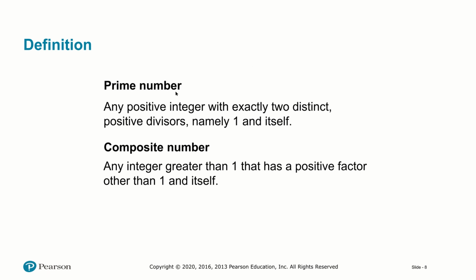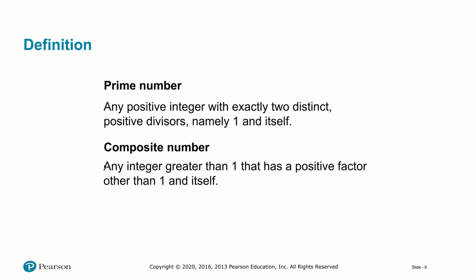So to reiterate, remember that a prime number is any positive integer with exactly two distinct positive divisors, namely 1 and itself. Note that when we say a positive integer, that's another way of saying a natural number, so those two phrases are interchangeable.